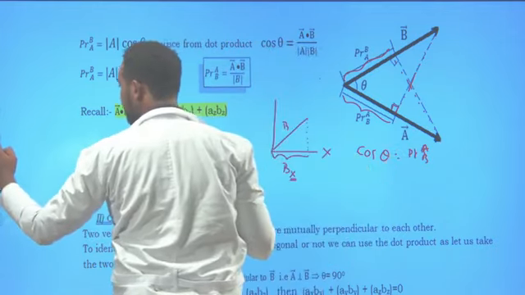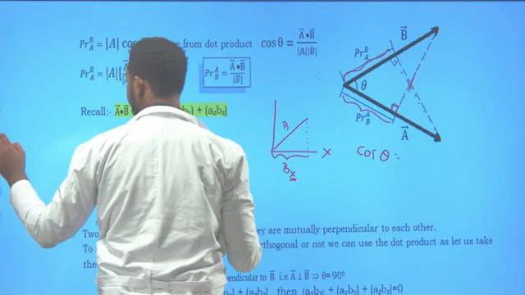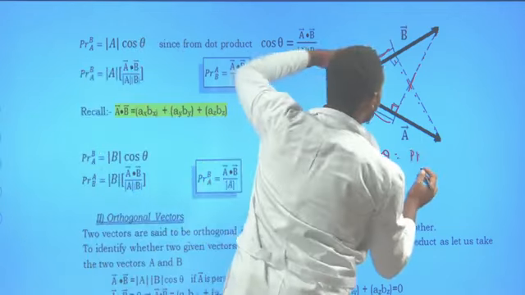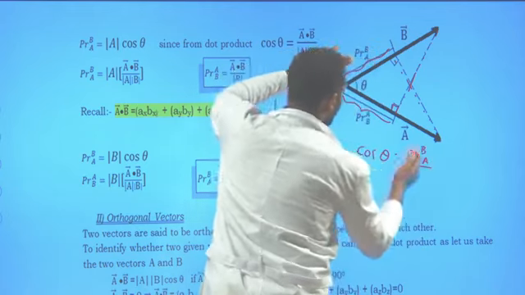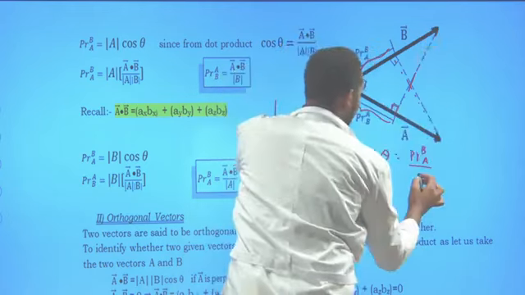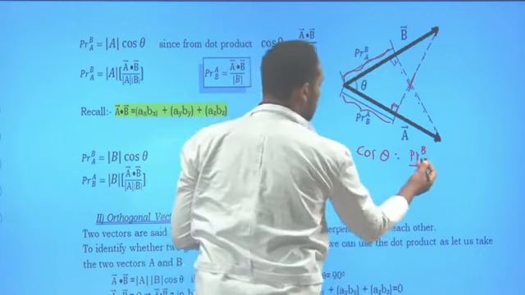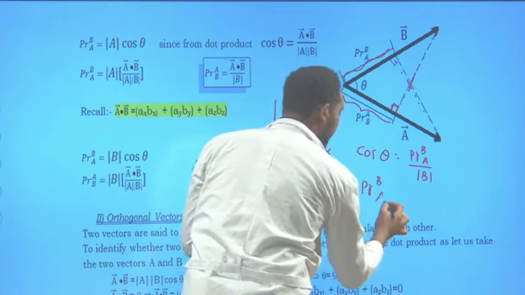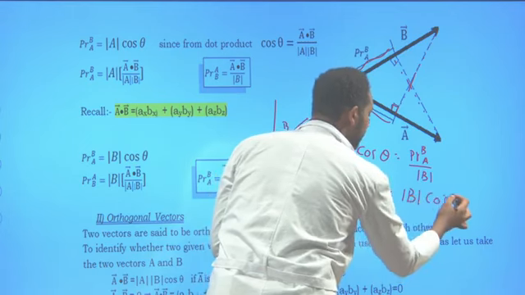The projection of vector b onto a, over the magnitude of vector b, is cosine of theta. Okay? Cross-multiplying, it's possible to find the projection of vector b onto a as the magnitude of vector b cosine of theta.